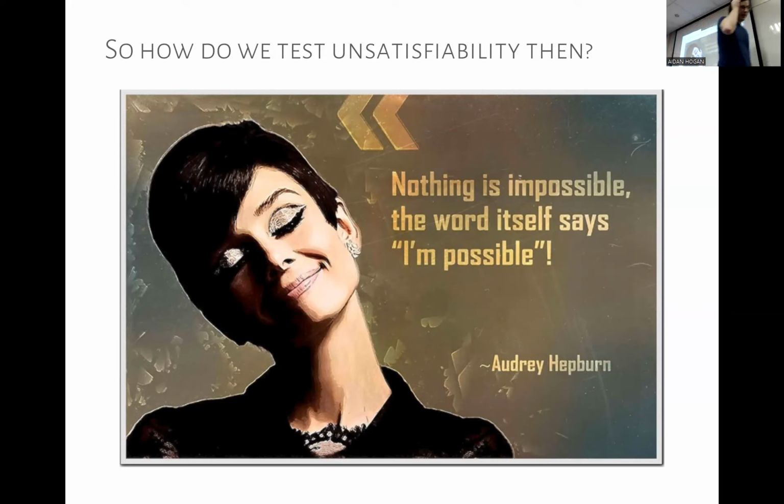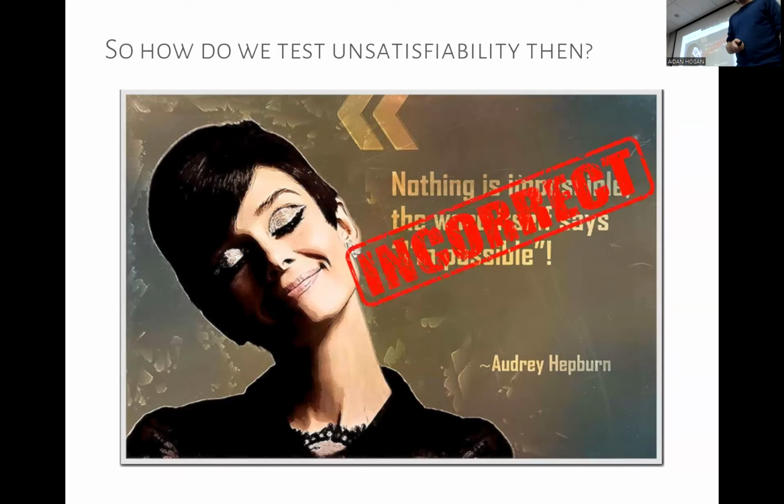So the question then is, how do we implement unsatisfiability checking? There's this quote here from Audrey Hepburn, who said, "Nothing is impossible. The word itself says, 'I'm possible.'" Unfortunately, as computer scientists, we know that she's wrong. There are definitely impossible things, and one of those is implementing a method for undecidable problems. It doesn't exist.